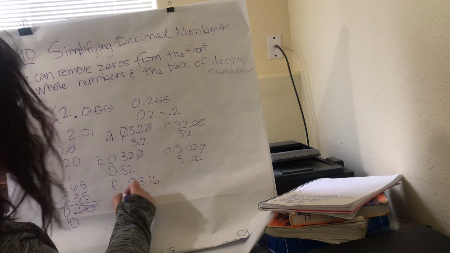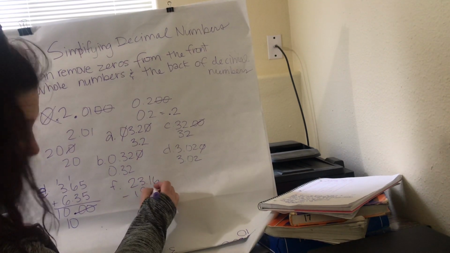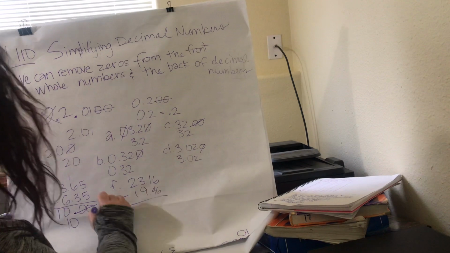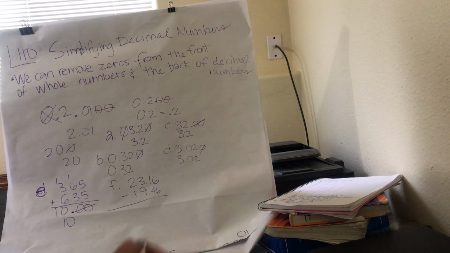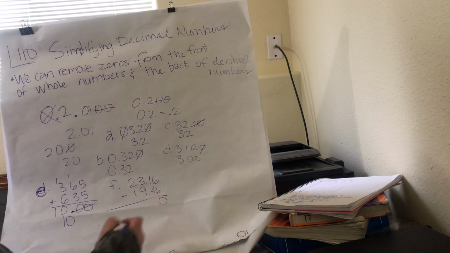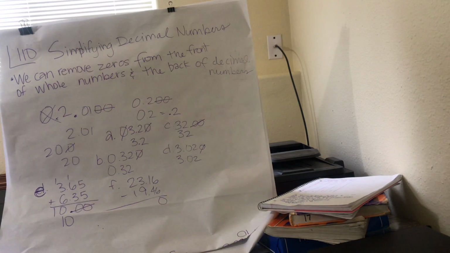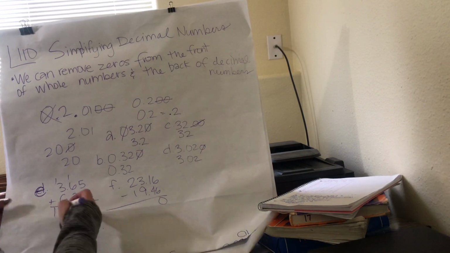23.16. But this time we're going to subtract 19 and 46 hundredths. 6, take away 6, you got 0. Can you take 4 away from 1? No. Or like I say sometimes, we have 4 cars to park in the parking lot. There's only one spot. Is it going to happen? It's surely not. So let's go over here.